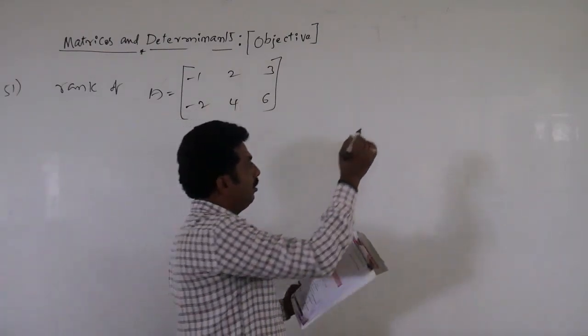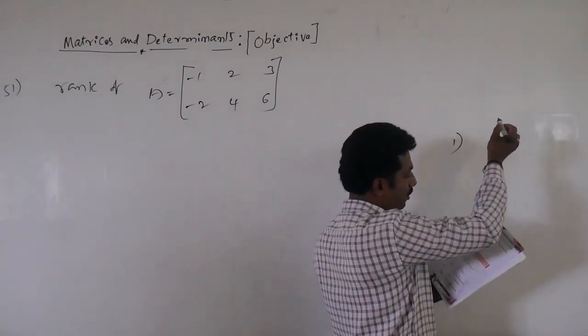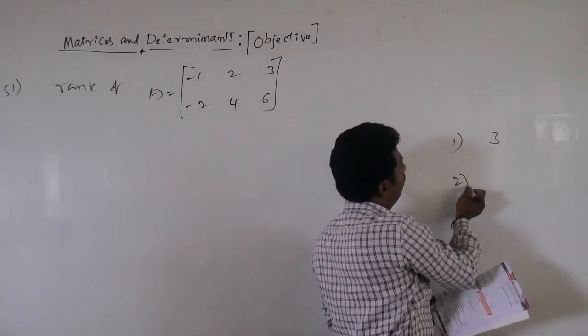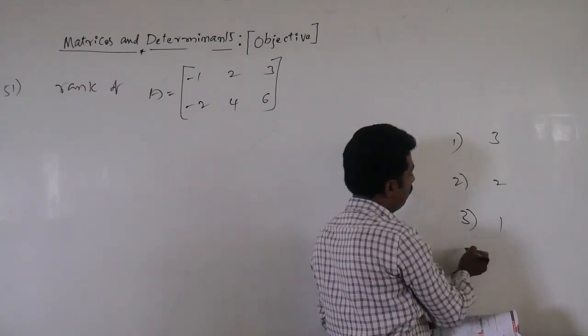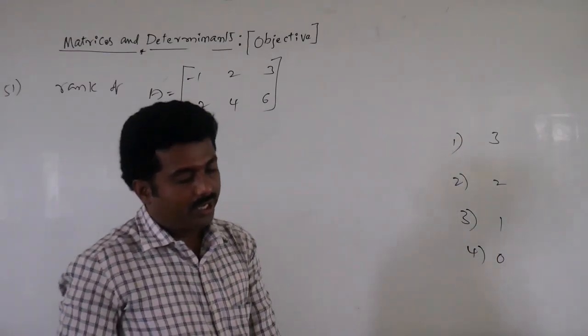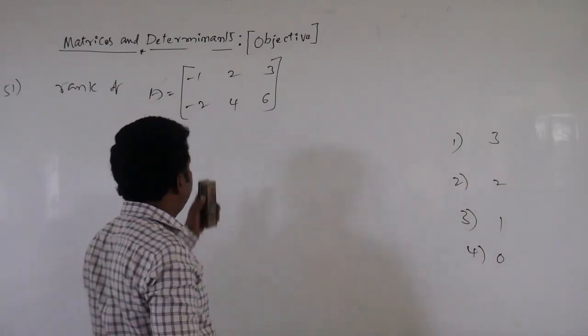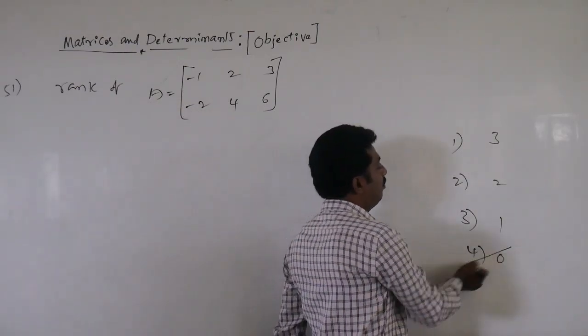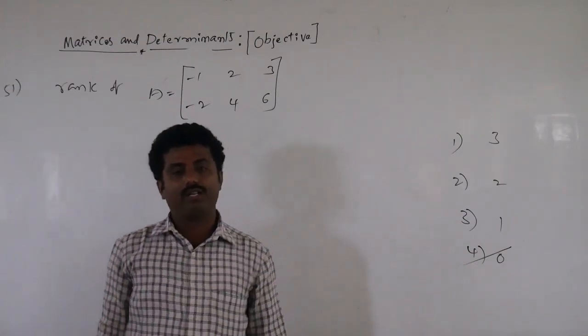Options: first option 3, second option 2, third option 1, fourth option 0. We can eliminate 0 because this is a non-zero matrix. The rank will be 0 only if it is a zero matrix.